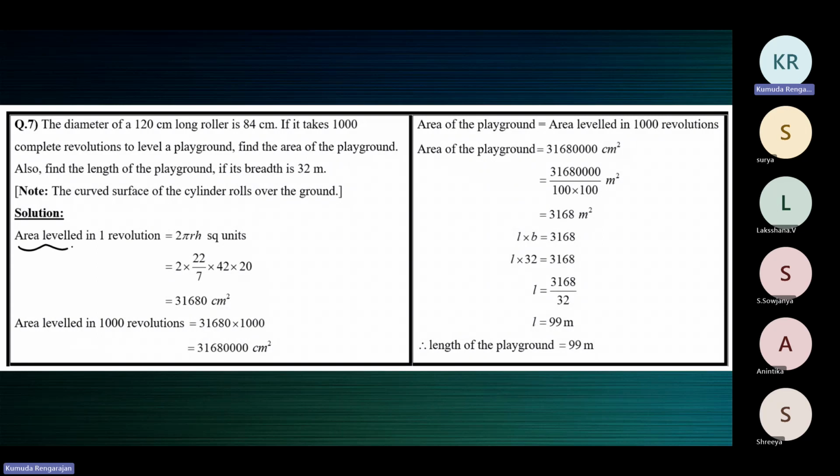You can see here, the area leveled in one revolution is the curved surface area, 2 pi RH. So the area leveled in 1000 revolutions will be equal to the area of the playground.